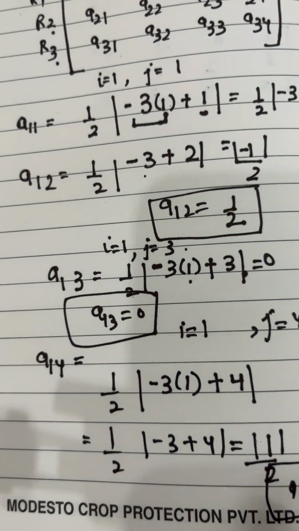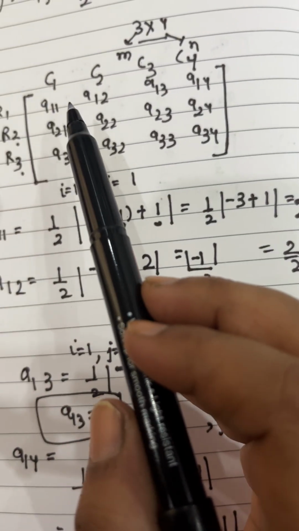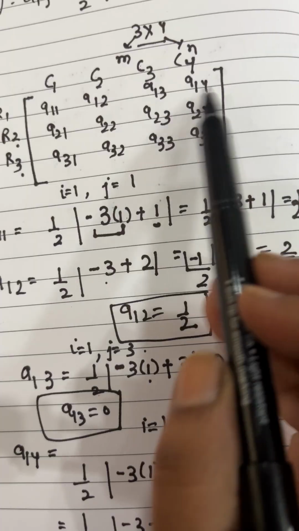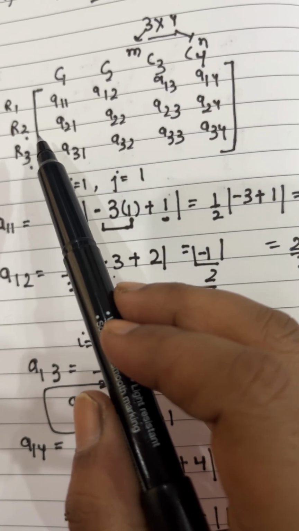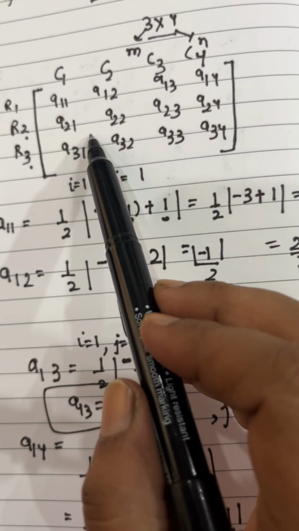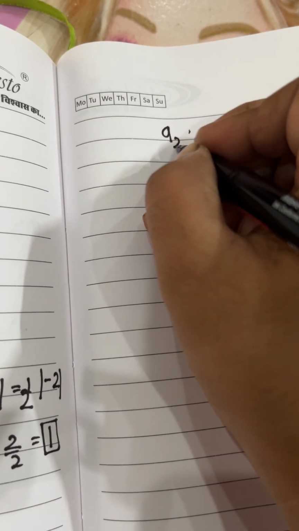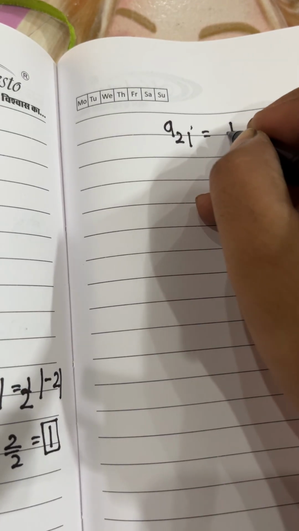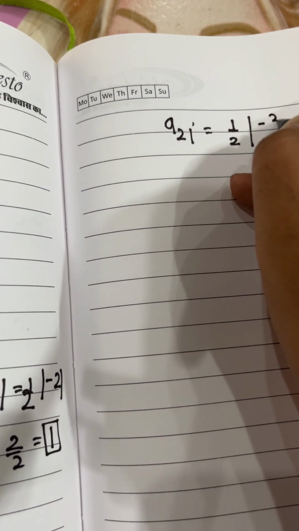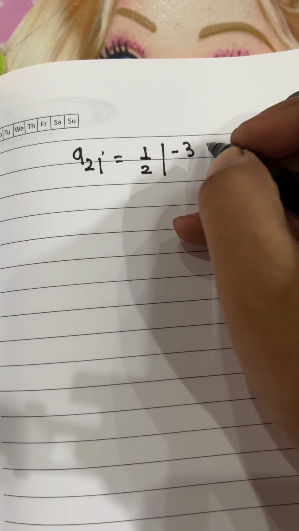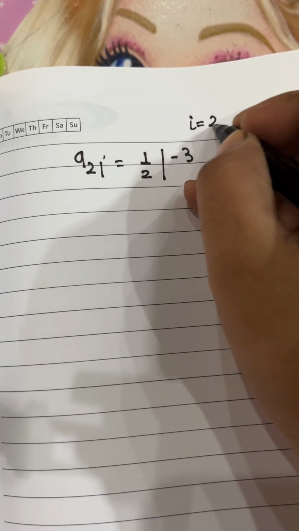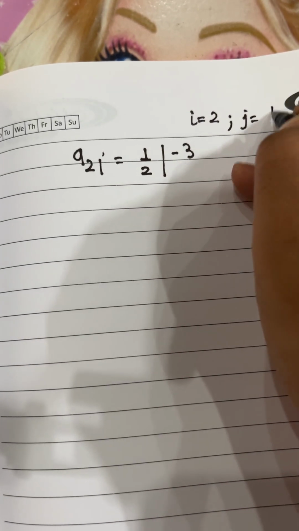Now we will find the next row. We have finished row 1, A11, 12, 13, 14. Now we will find row 2. The entries are A21, 22, 23 and 24. So A21 is equal to 1 by 2 minus, i is equal to 2 and j is equal to 1.